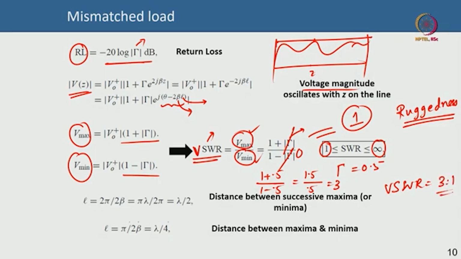Suppose you intentionally design a load such that when you couple the transistor to the load, 50% of the wave gets reflected back, and you test the device performance. If it is still performing okay, within a certain tolerance and a certain spec, you can say the device performs okay up to a voltage standing wave ratio of 3:1.